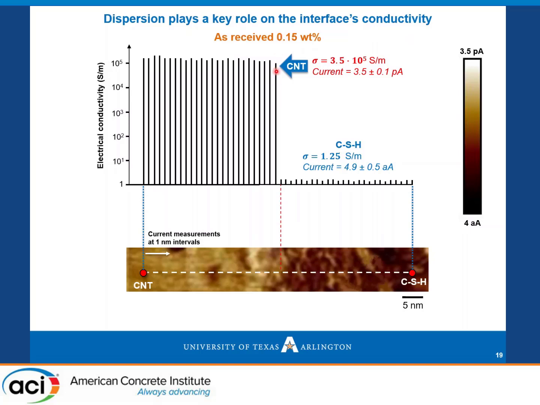After passing this point, you see that the conductivity sharply decreases here without an intermediate location, showing a value of 1.25, and it continues until the end of our current mapping. And you see here that there is an intermediate state between the electrical conductivity of CNT and the electrical conductivity of CSH when nanotubes are used without any dispersion.